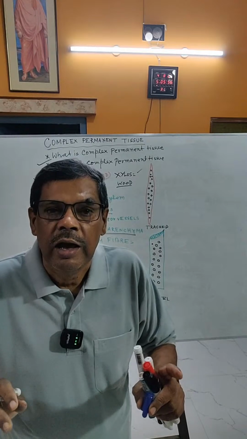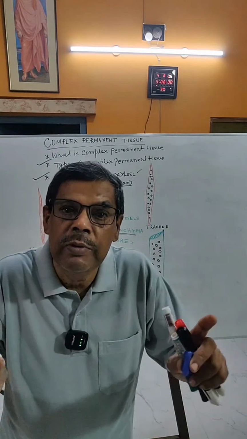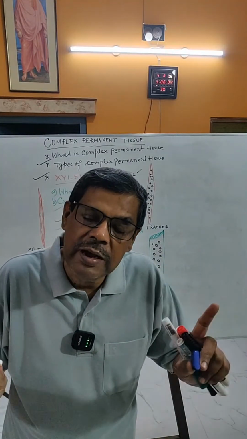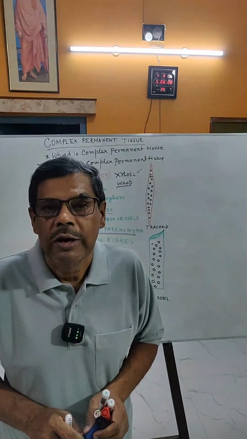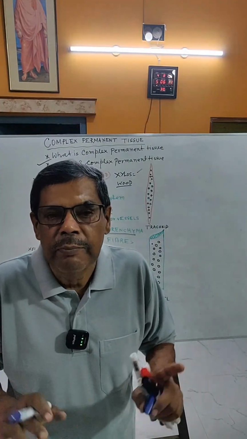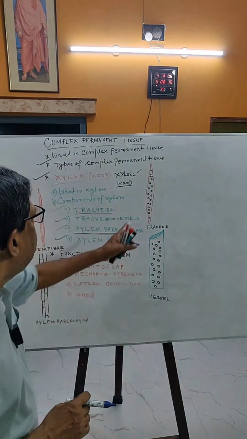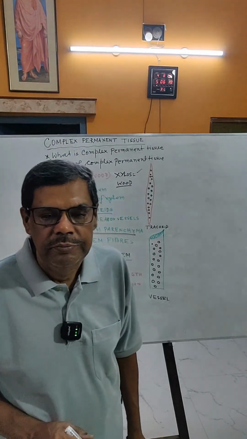In this water, nutrients are dissolved, so it may be called sap. Its other function is mechanical strength. So, conduction of sap and mechanical strength are the 2 functions of tracheids.